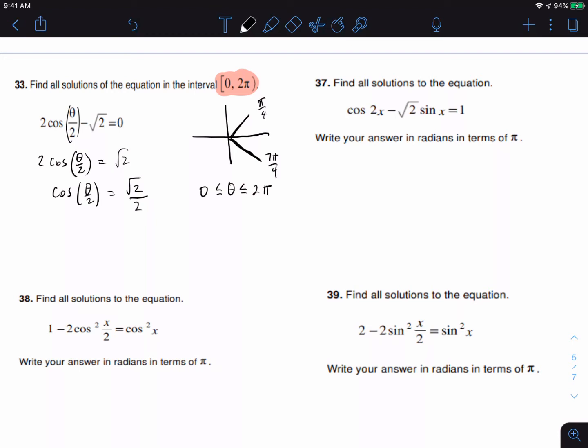Okay, now that's true, but is our angle here theta? It isn't just theta, right? So our angle actually is theta over 2. And since it's theta over 2, I'm going to take everything and divide it by 2. Does that make sense?